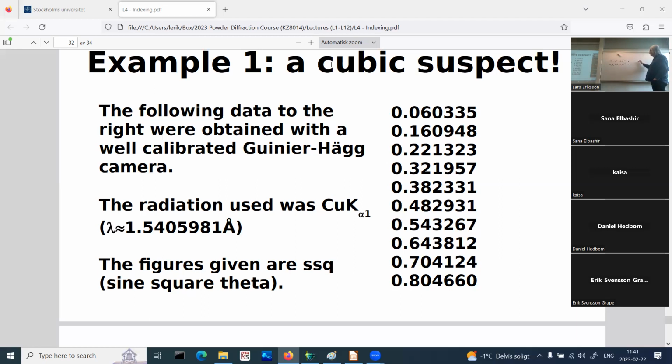Suppose we take and divide by 1.6094, divided by 1. Then you need to go to your favorite program. I don't know if you have a favorite program.